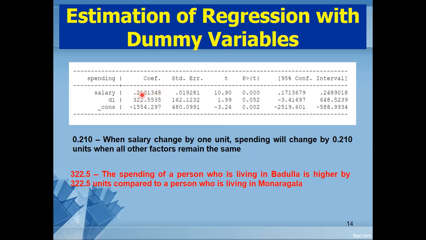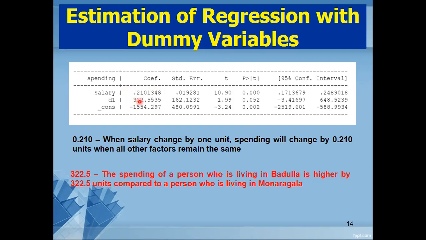This is how we can interpret the coefficient 0.210, which indicates that when salary changes by 1 unit, spending will change by 0.210 units when all other factors are at a fixed level.